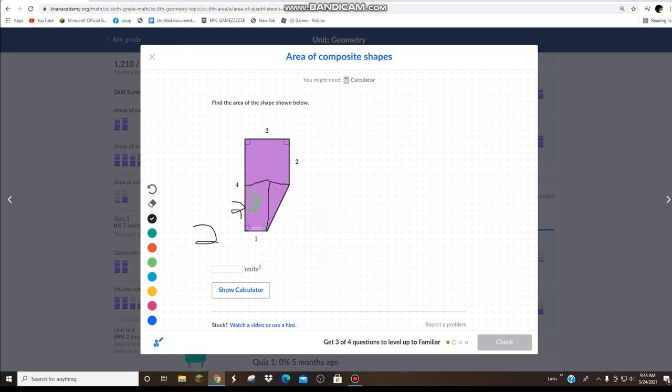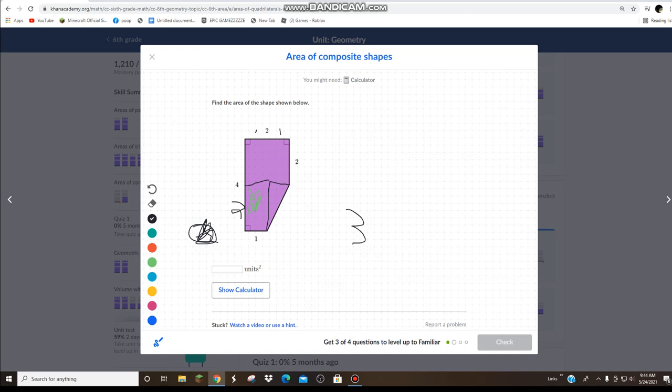The base is 1, because we know there's a 2 here, and there's a 1 right there, so there must be a 1 over here as well. So we are going to do 1 times 2 divided by 2. So that makes 1, and so far we have 3.